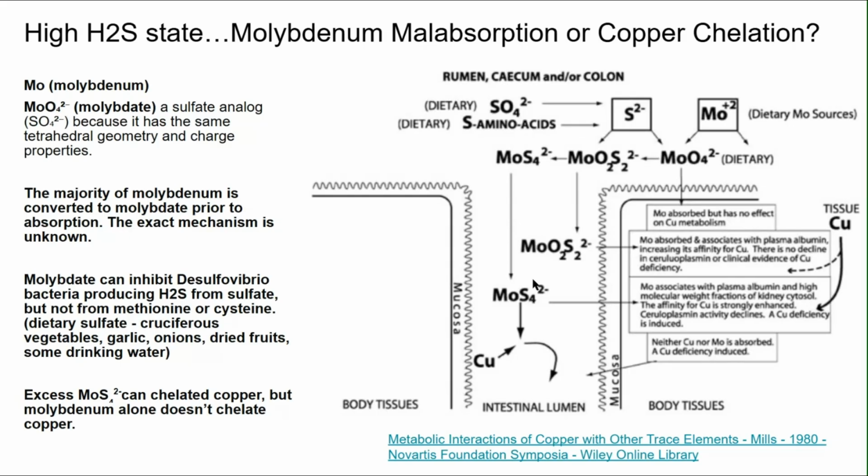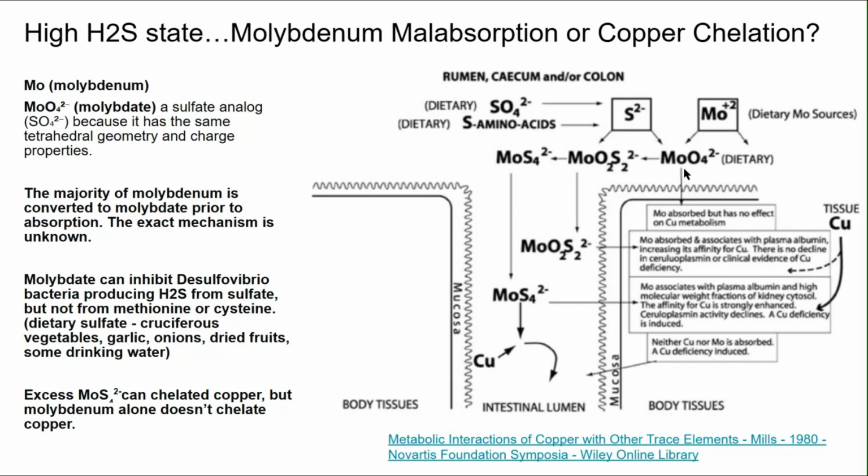But also this tetrathiomolybdate, they've seen this in ruminants, animals that chew their cud, and also in rat studies. If they give this tetrathiomolybdate, it can actually bind to copper in the blood, and it can induce a copper deficiency.